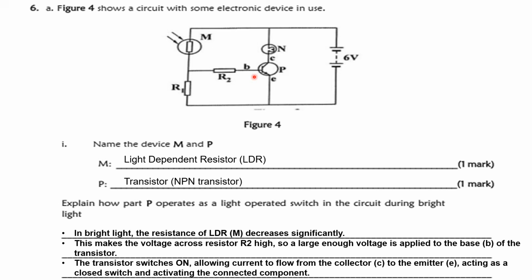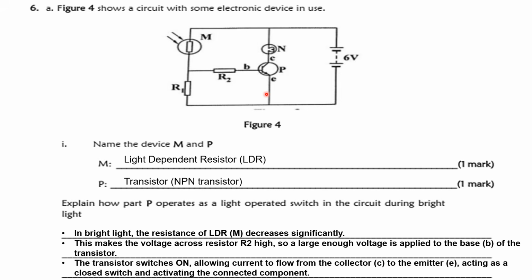The function of the base is basically to control how much current flows from the collector to the emitter. But to do that, voltage is needed. So the transistor switches on, allowing current to flow from the collector to the emitter.